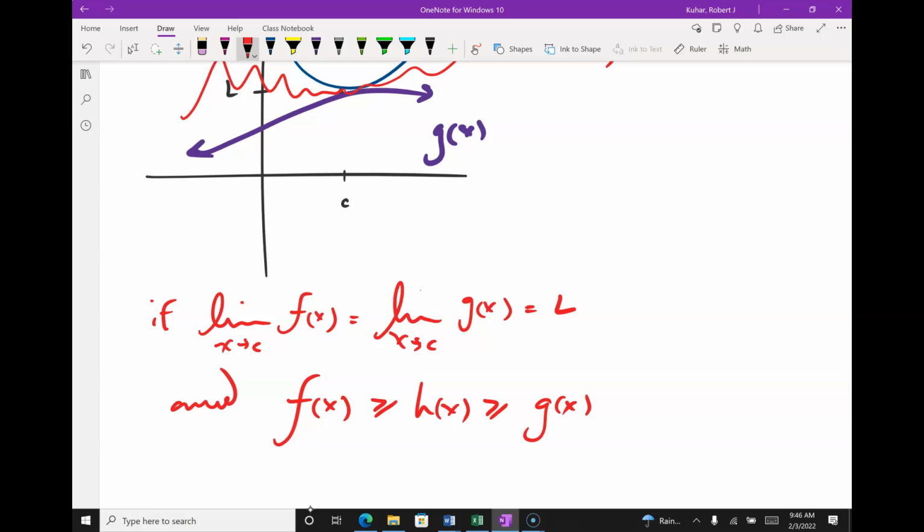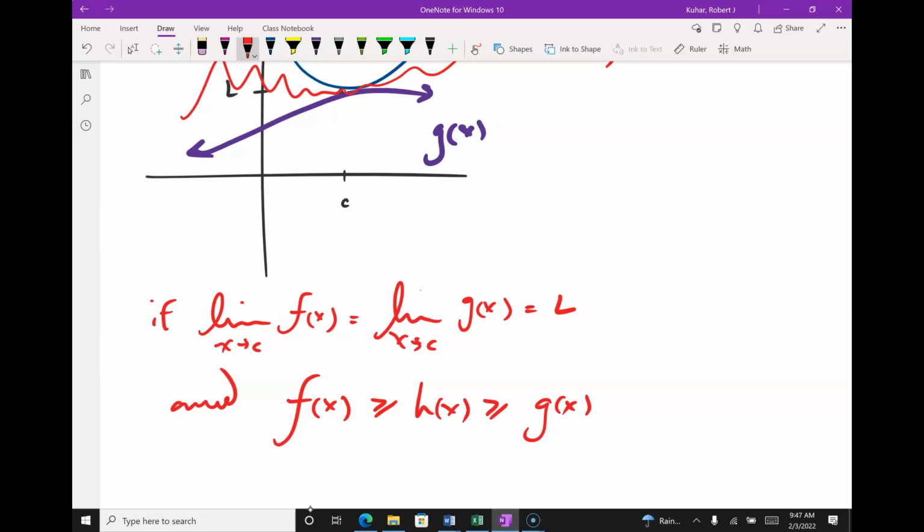So there's the squeeze part. f is above h, which is above g, and they squeeze together. Is that making sense? So these two squeeze together to L as x goes to c, and h is stuck between them. And then what can I conclude?